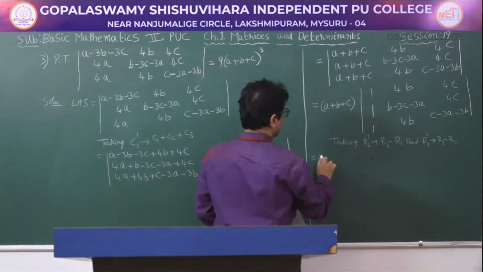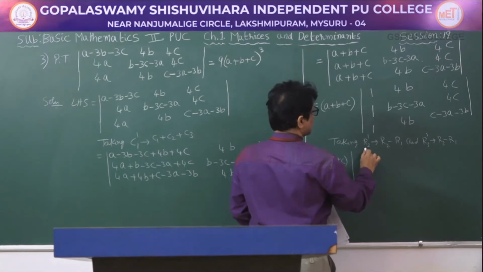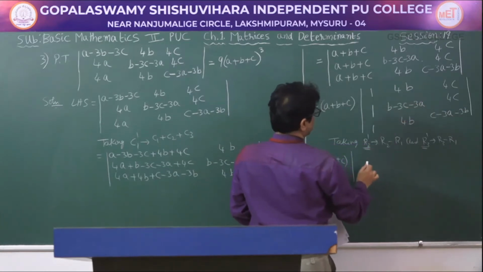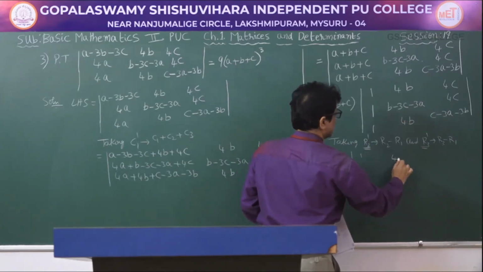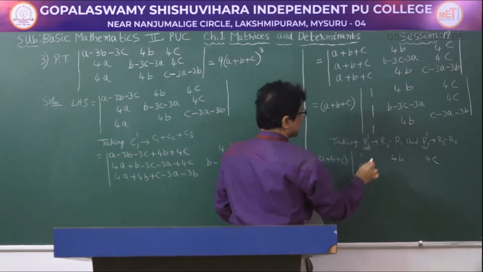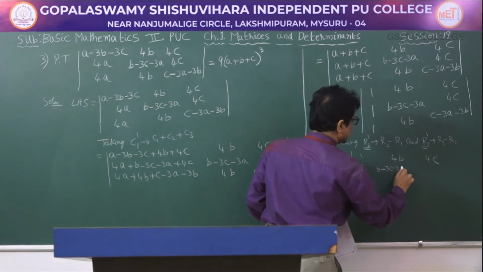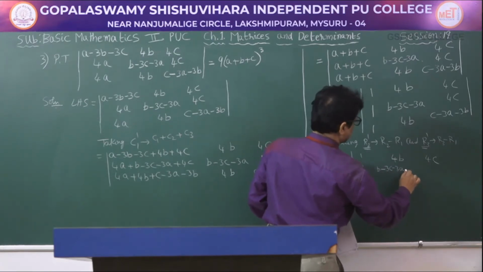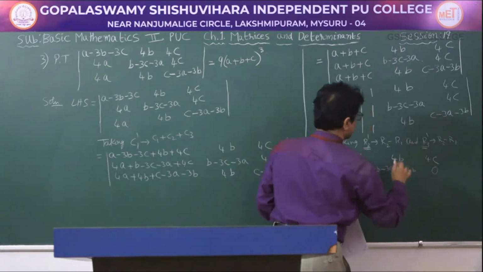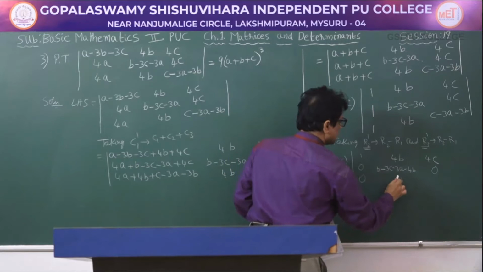So, that will be equal to A plus B plus C into determinant of. So, here the change is taking place in R2 and R3. So, the first row remains as it is: 1, 4b, 4c. So, 1 minus 1, 0. This element becomes b minus 3c minus 3a minus 4b. 4c minus 4c will get 0. So, 1 minus 1, 0. 4b minus 4b, 0.